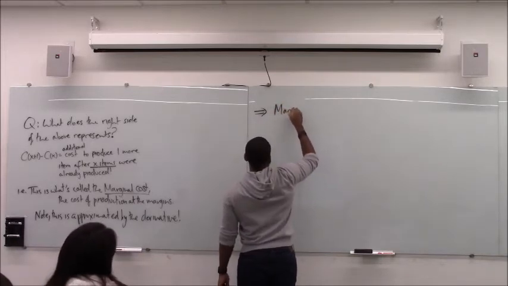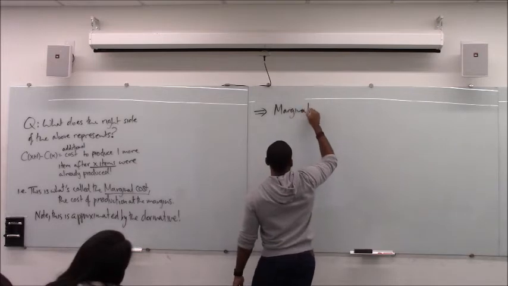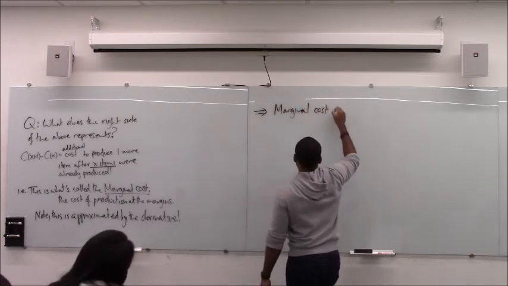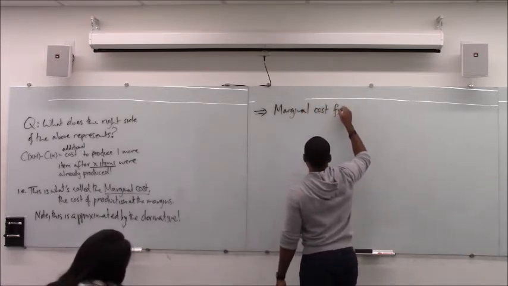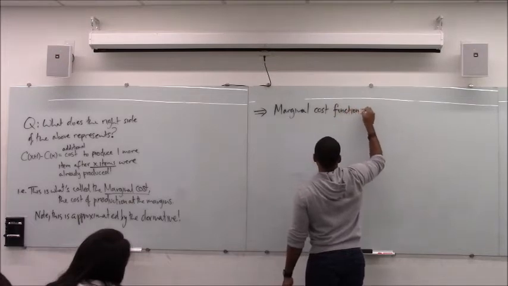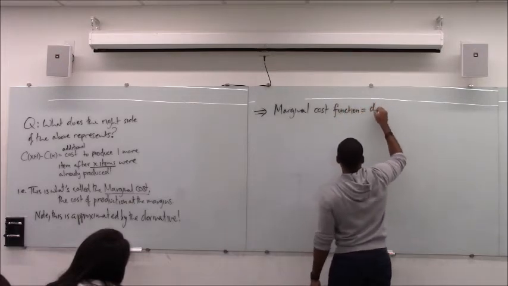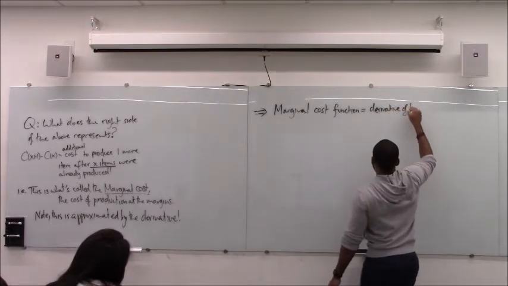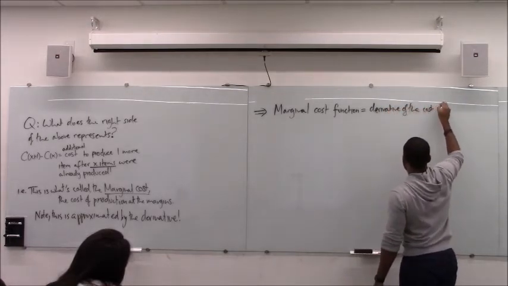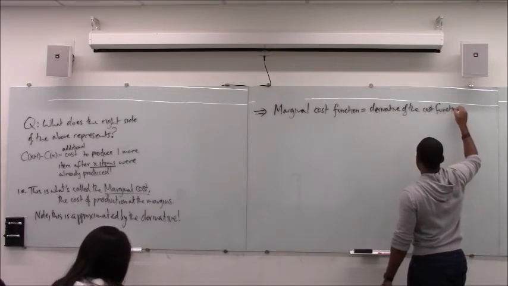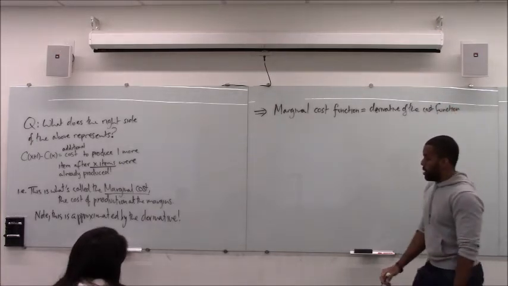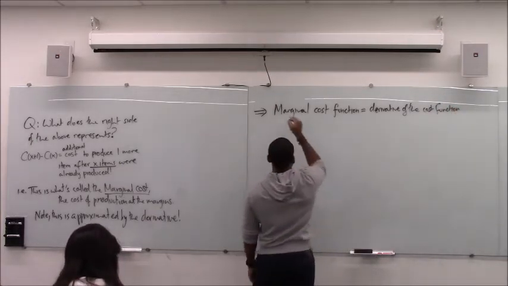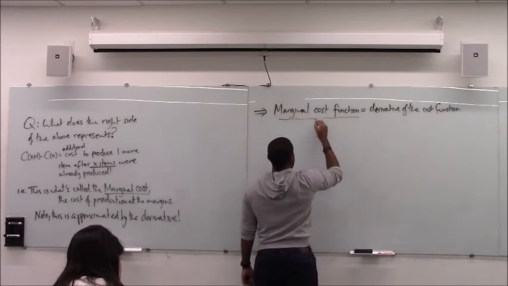This leads to the fact that if you look at the marginal cost function, this is considered to be the derivative of the cost function. And so this is going to be a function that tracks your cost at the margin.